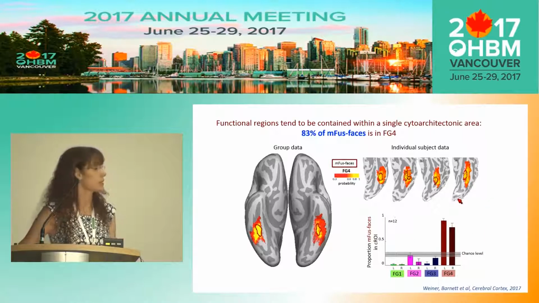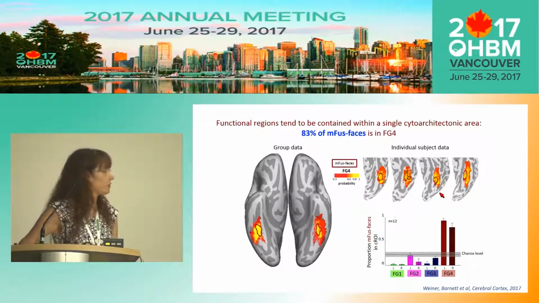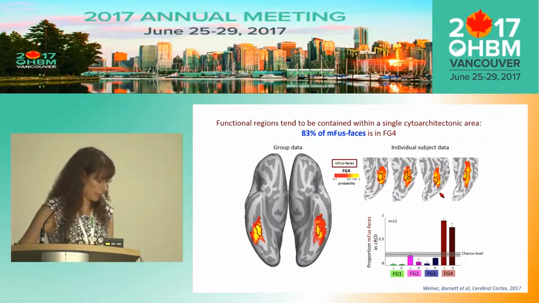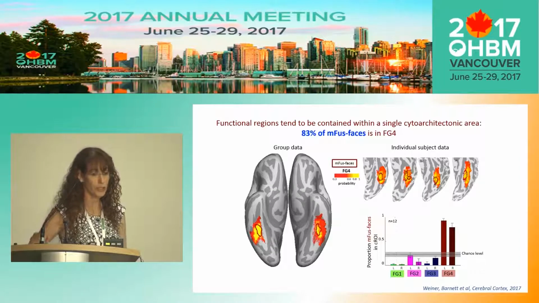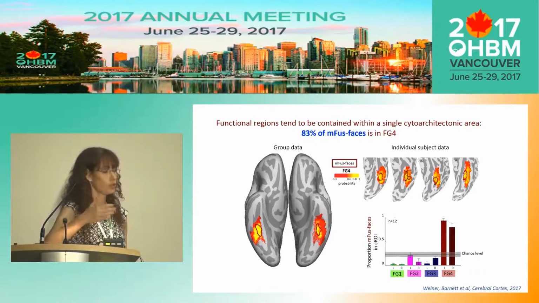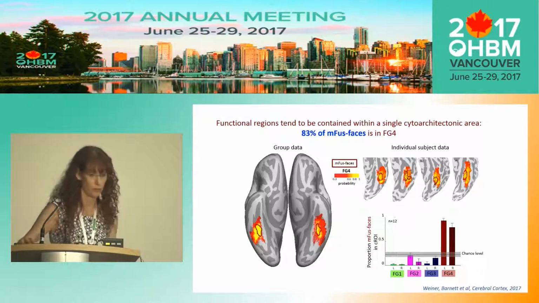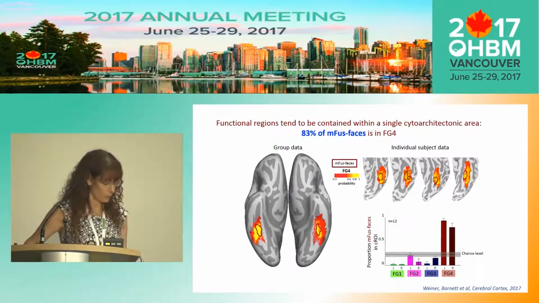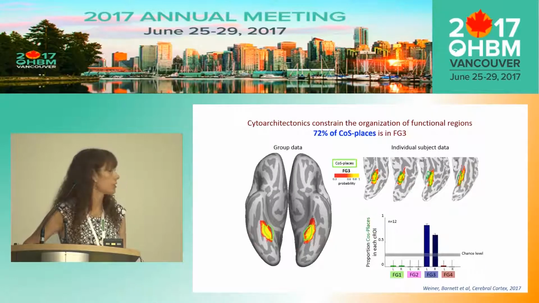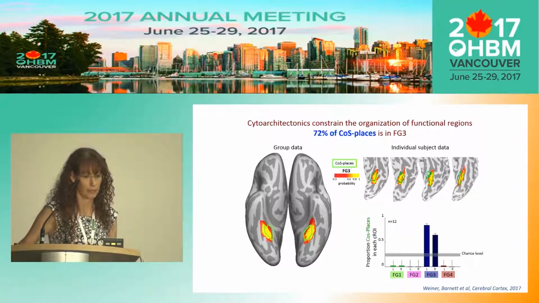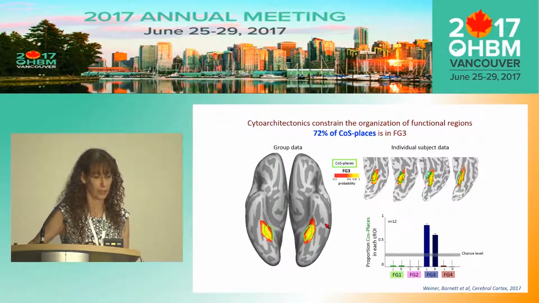Across our participants, 83% of mFus-faces lies within FG4. So this suggests a structural-functional coupling between functional regions and cytoarchitecture in the ventral stream. If you look now at place-selective cortex, we also find a structural-functional coupling, but this is now between a different cytoarchitectonic region.